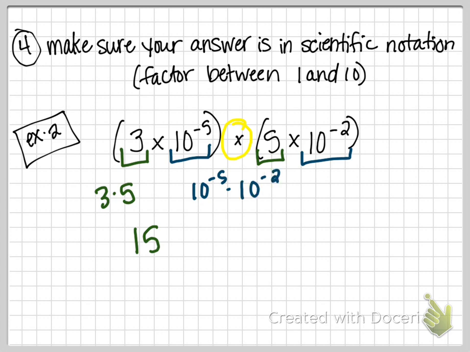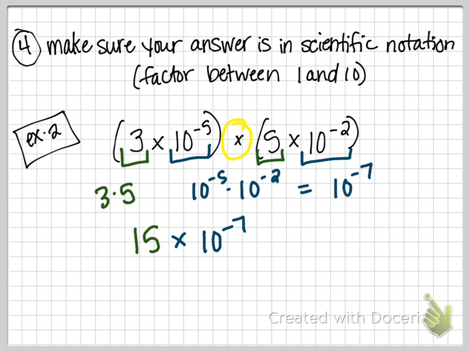So this is what I was talking about. We've got the same base, and we're multiplying. What should we do with those exponents? Add them. So 10 to the negative 7. Exactly. So 15 times 10 to the negative 7th is what we get when we do the multiplication. And then our last step is, of course, to get this in scientific notation, our final answer.